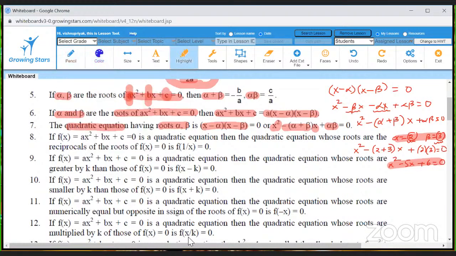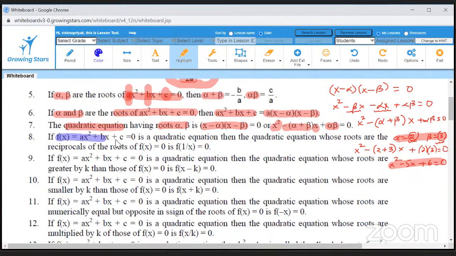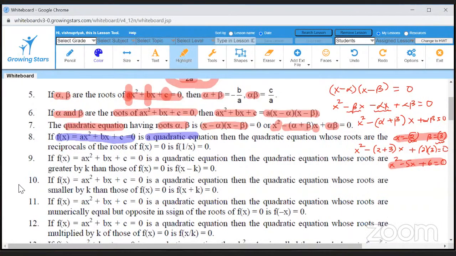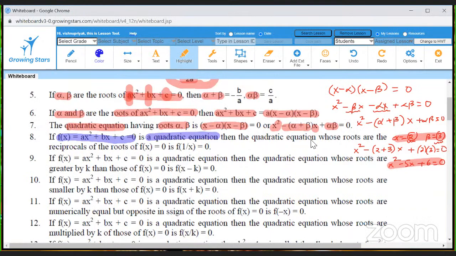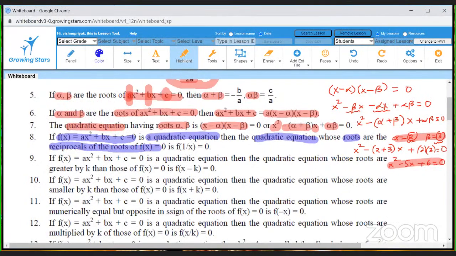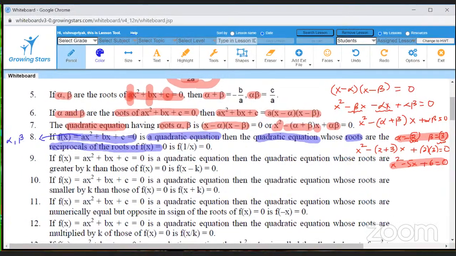Next one. If a function is given as f of x equal to ax squared plus bx plus c equal to 0, a quadratic equation, and you want to make another quadratic equation whose roots are the reciprocals of the roots of f of x equal to 0. That means, suppose for this quadratic equation the roots are alpha, beta.